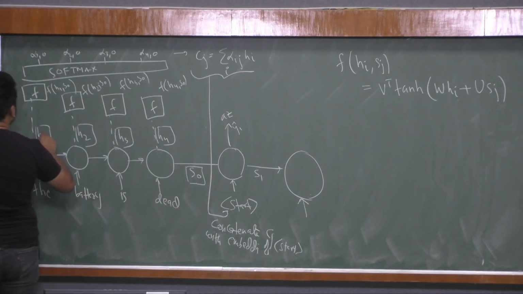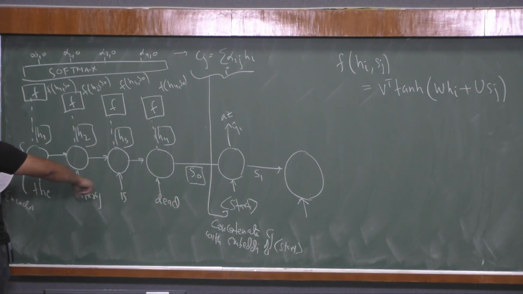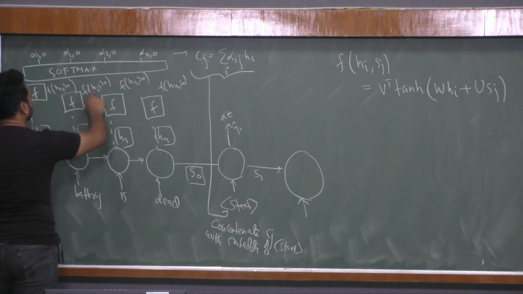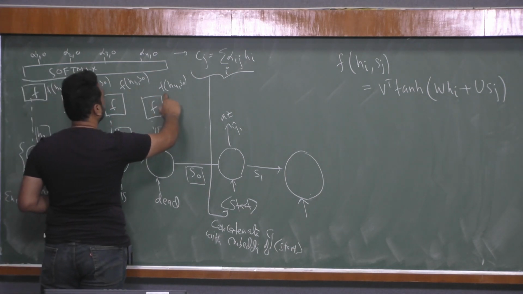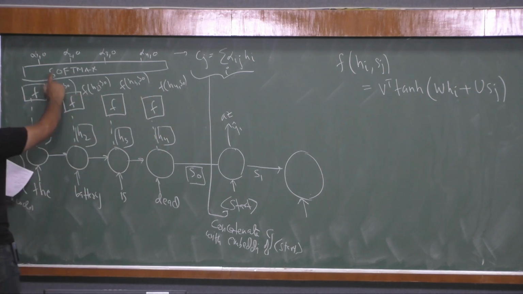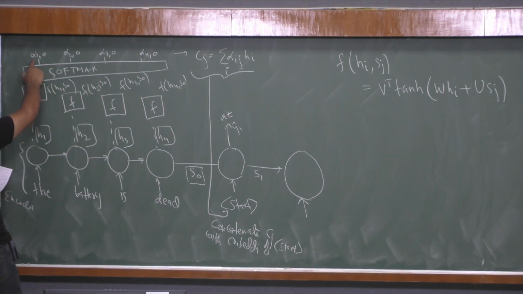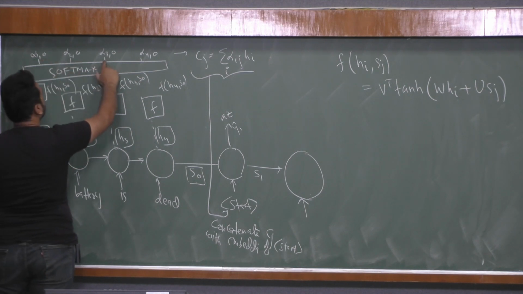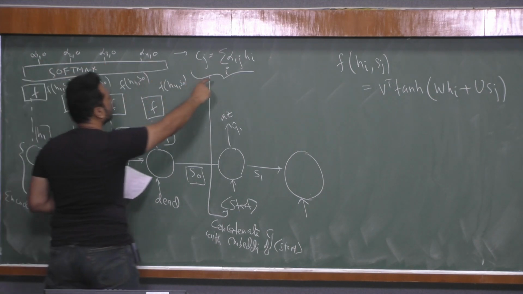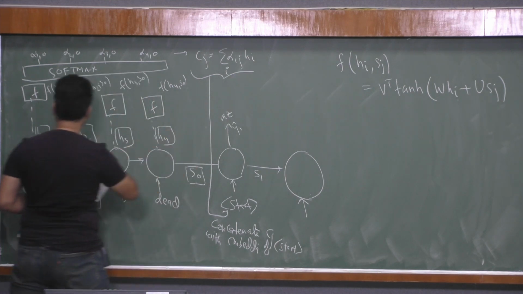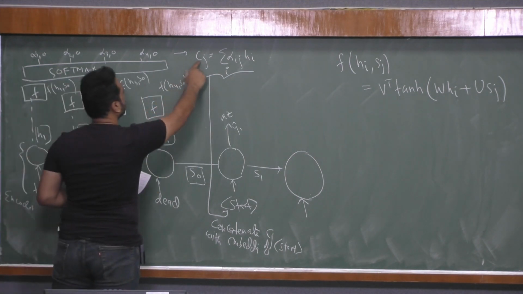Then we again go back and attend to these words, and the scores that we compute with f now change to f of h1 s1, f of h2 s1, f of h3 s1, f of h4 s1. It goes through softmax, and the alpha values that we will have now will be alpha 11, alpha 21, alpha 31, alpha 41, and using those alpha values and the hi values that we have, we compute the second context vector.